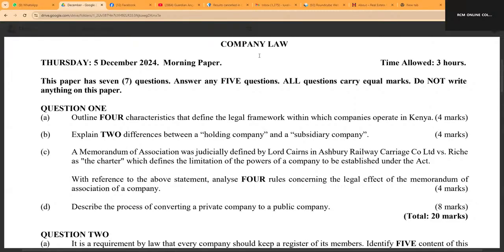Explain two differences between a holding company and a subsidiary company. Of course, we learned about this under the types or classifications of companies.